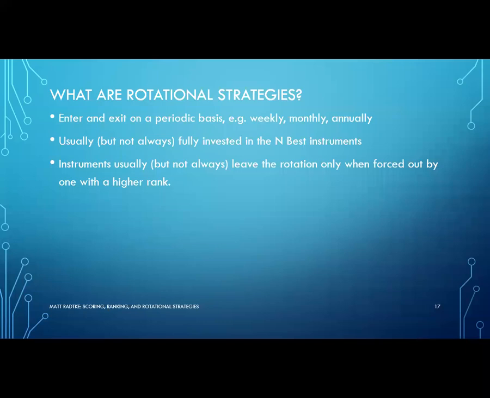So if I say, well, right now my 5 symbols are Apple, Microsoft, Facebook, Amazon, and Google, then I'm only going to kick Google out when something else comes along that has a higher score, or possibly when it may not even be that something has a higher score. It might be that Google has to fall below some predefined ranking within the rank of scores.